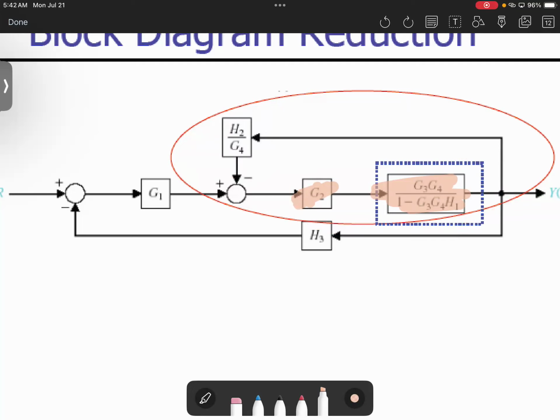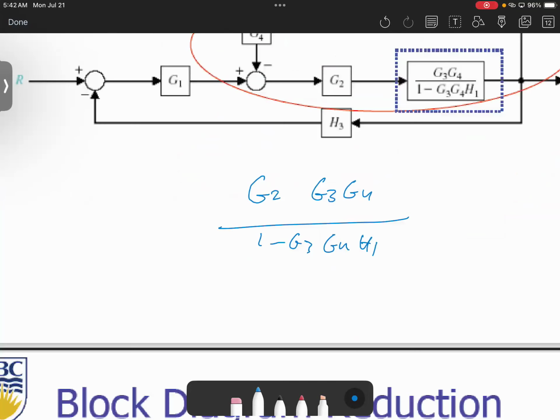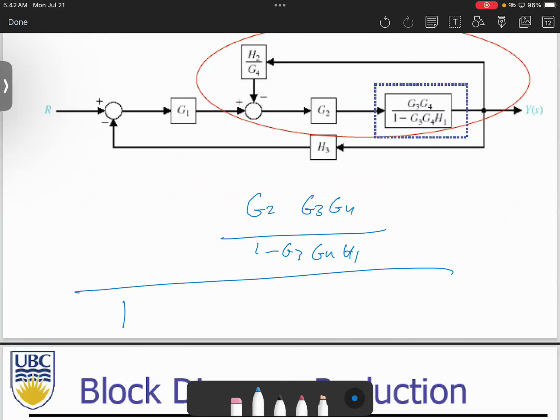So the closed loop transfer function can be written as G2, G3, G4 divided by 1 minus G3, G4, H1, divided by 1 plus, because of the opposite sign, G2, G3, G4 over 1 minus G3, G4, H1 times H2 over G4.